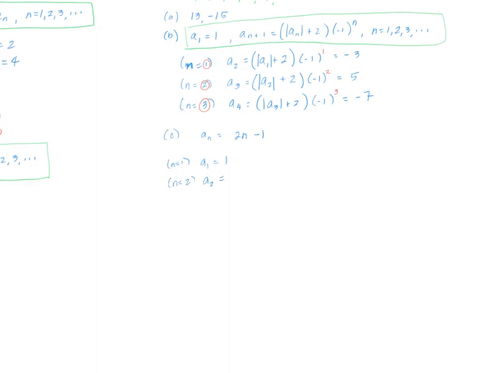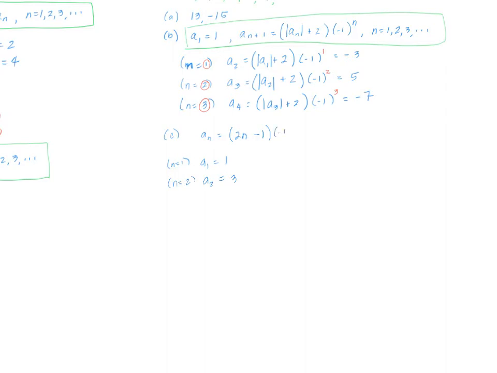So remember, a sub 2 is going to be 3. I'm ignoring the negatives for now. So does that work? Is it 2 times 2 minus 1? Is that 3? Yes. So I could see that to get the 1, 3, 5, 7, 9, it's going to be 2n minus 1. I just have to deal with the alternating positive negative.